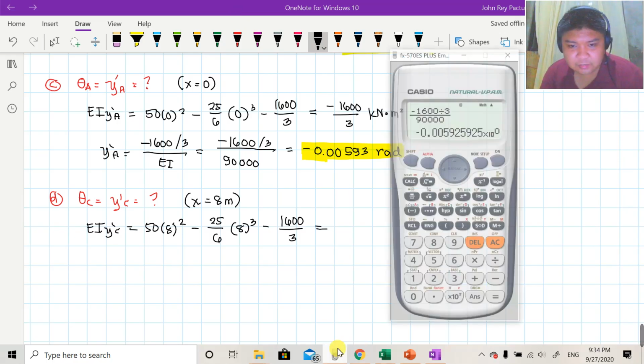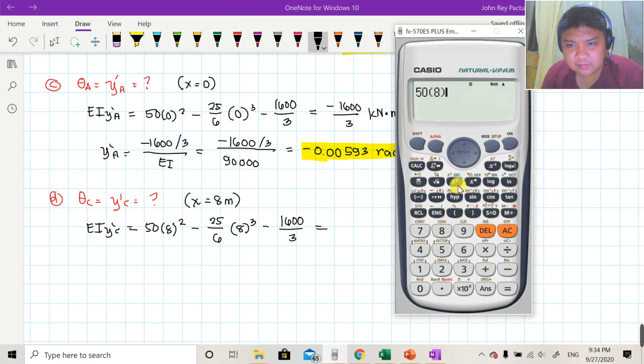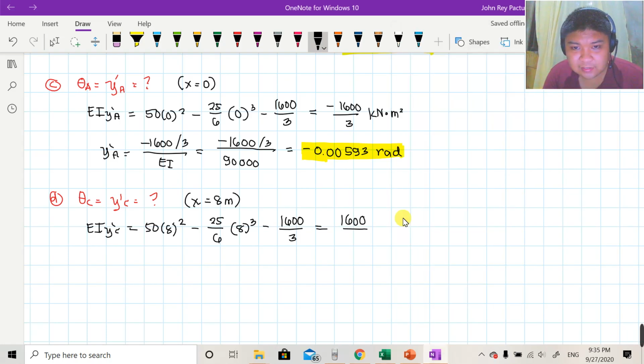So, ilan bang magiging sagot? 50 times 8 squared minus 25 over 6, 8 cube, tama ba? Minus 1,600 over 3. So, ang sagot natin is positive 1,600 over 3.